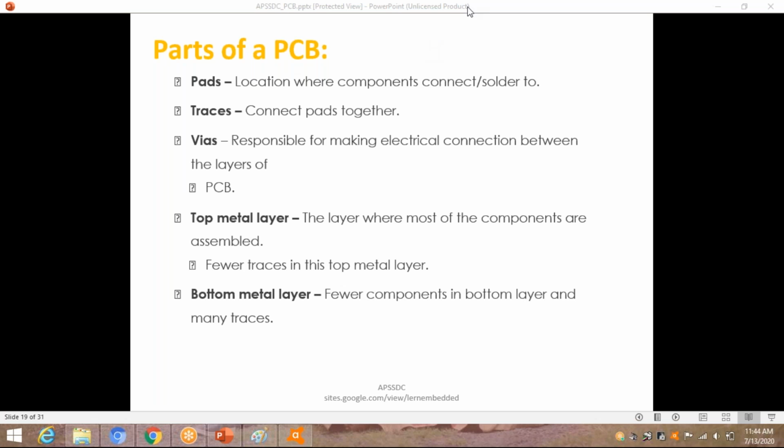Is it clear, Mr. Sai Charan? There is no need of soldering in the middle layers. The middle layer is only meant for tracks, wherever the connection is needed, either a power supply connection or a ground connection.